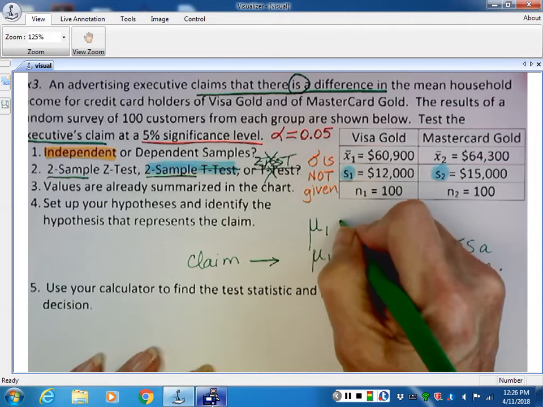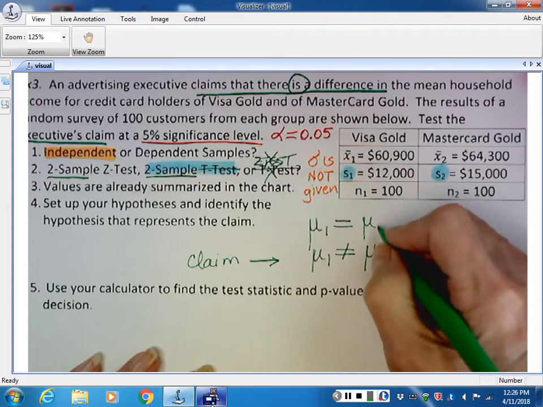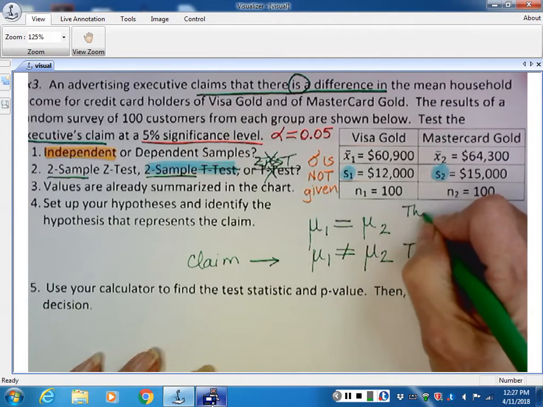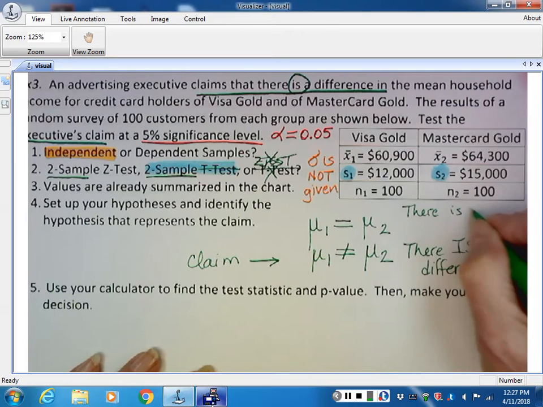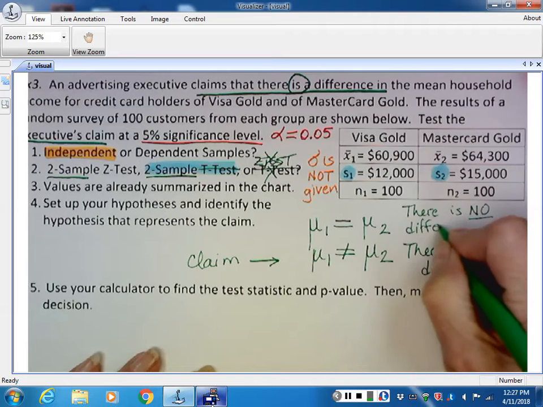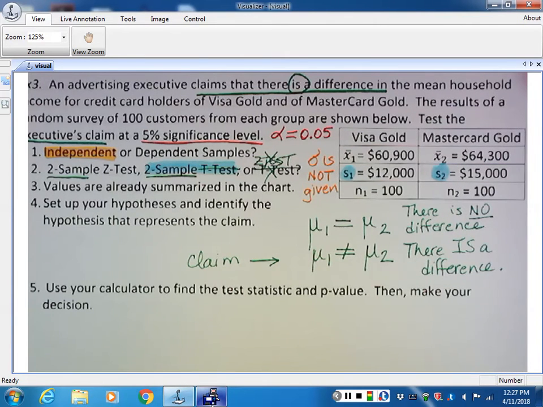If that claim is not true, then it says there is no difference.